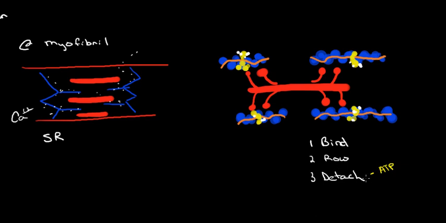After they detach, ATP is hydrolyzed. It's broken up into ADP, adenosine diphosphate, and an inorganic phosphate molecule. The energy liberated by the breaking of that high energy phosphate bond is used to complete the fourth step, which is the re-energization, or the recocking, of the myosin head.